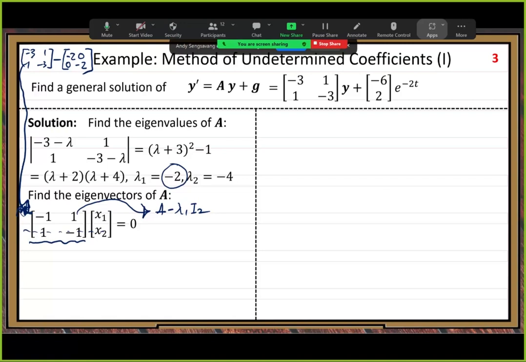Because the numbers are simple, -1 and +1, you just try 1, 1 here. 1 times -1, 1 times +1, adding together, you get 0.